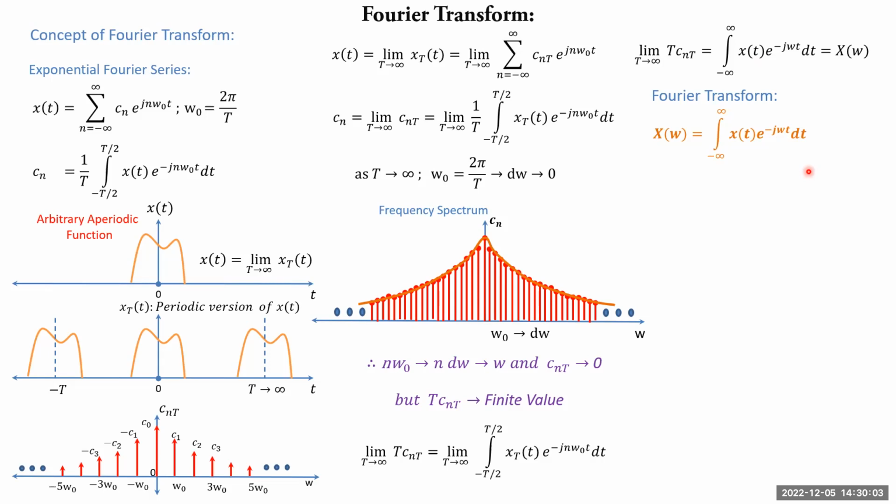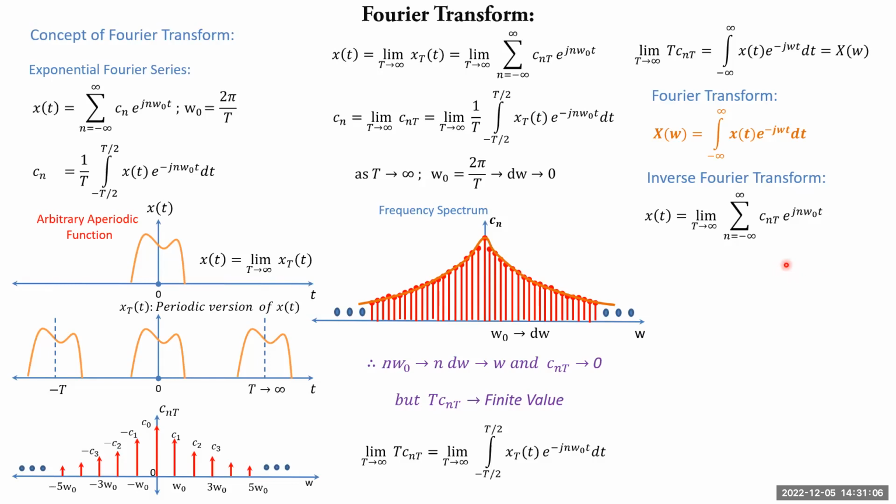Now this is a very simple and elegant equation which is the same as a dot product in continuous time domain. Now we can find the formulation for x of t. So here again we'll apply the limit T tends to infinity to the right hand side expression of the Fourier series.